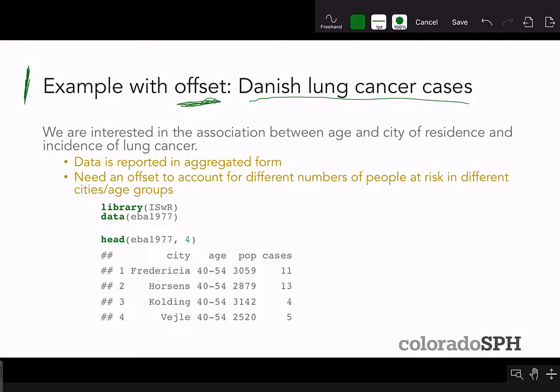But in this example, we're interested in the association between age and city of residence and the incidence of lung cancer, where incidence of lung cancer is the outcome. This data is reported in aggregated form, which means counts per cell rather than counts per individual.